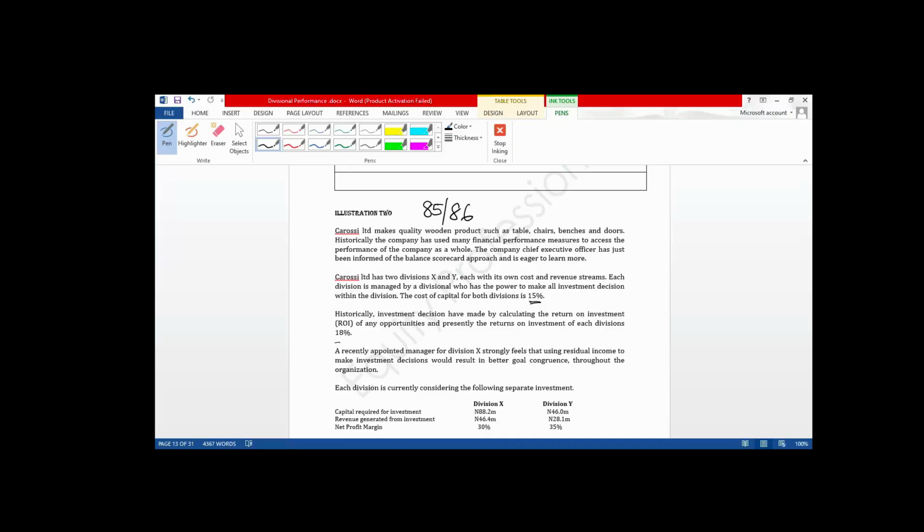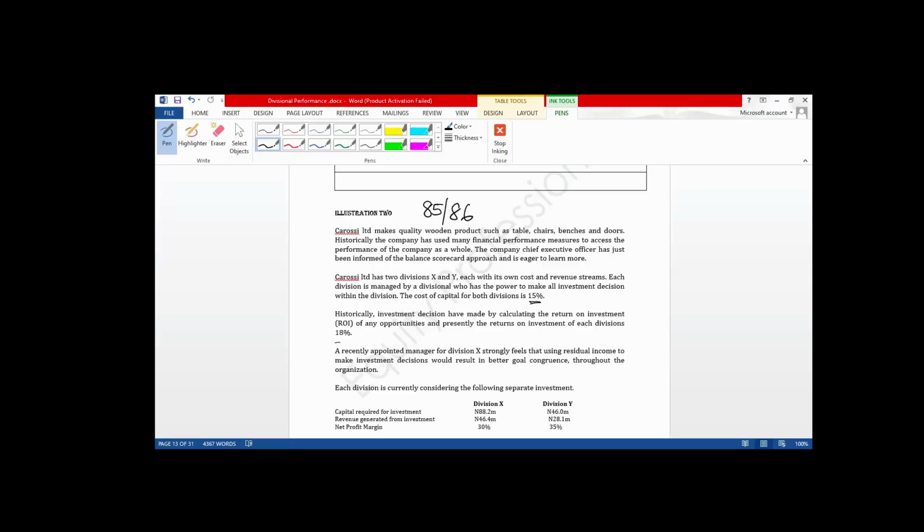Please, it is always good to follow the question. We go to it. Carosi Limited makes quality wooden products such as tables, chairs, benches, and doors.